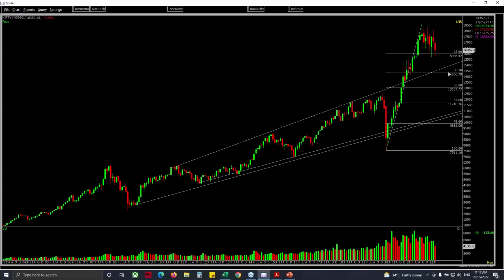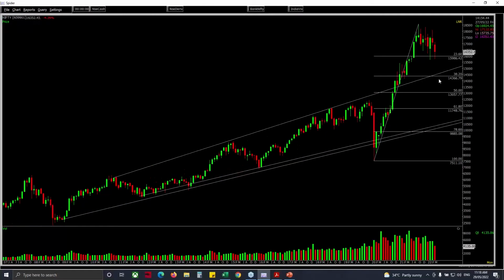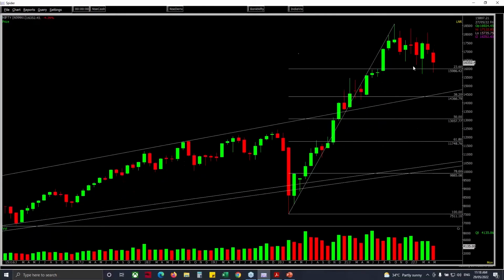So the monthly chart suggests that this downfall can be expected to get over, subject to us trading above the low of March, that is 15,559 or rounding 15,560. Till we are above that, an up move is possible.